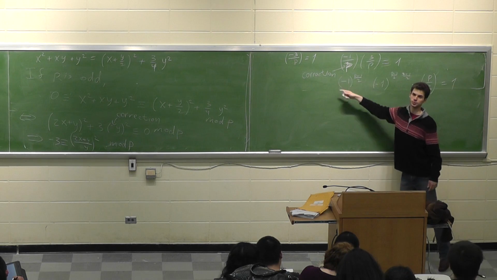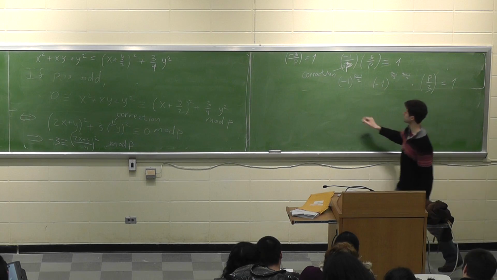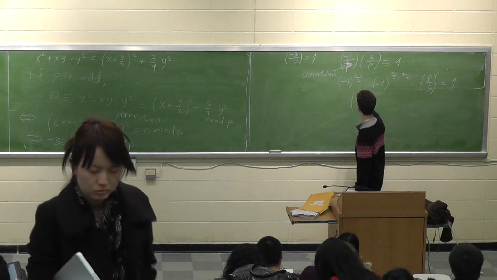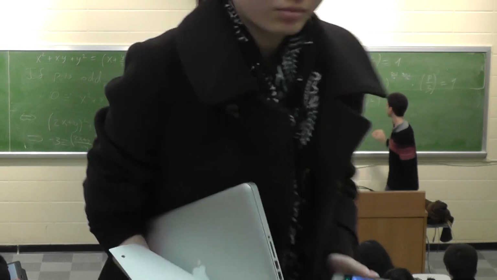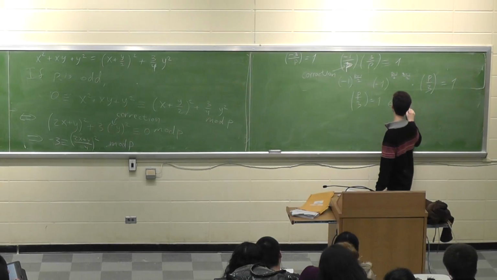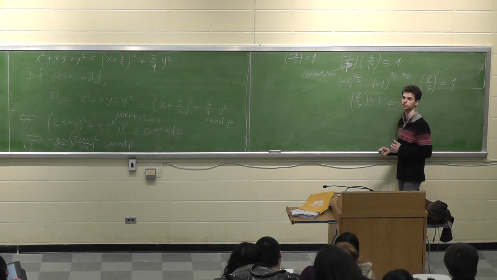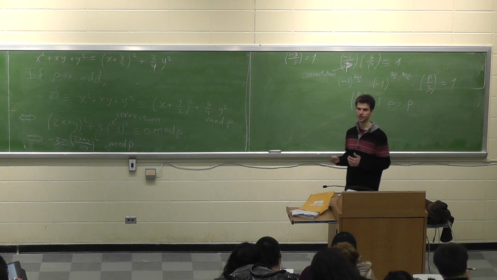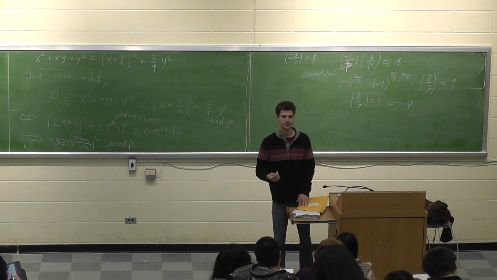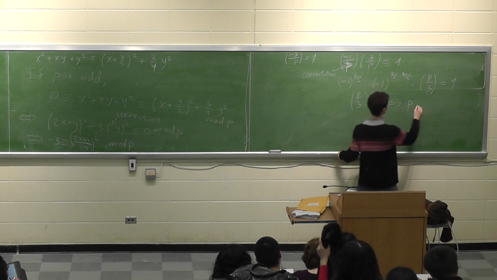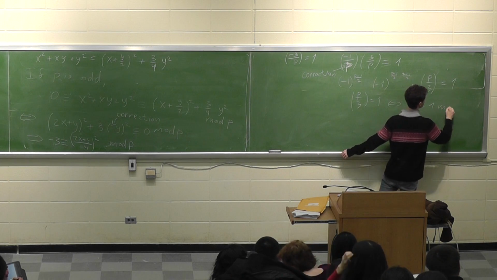So it is just 1. So this is the same as saying that p over 3 is equal to 1. And this holds if and only if, well, what are the squares modulo 3? Basically p is equal to 1 modulo 3.